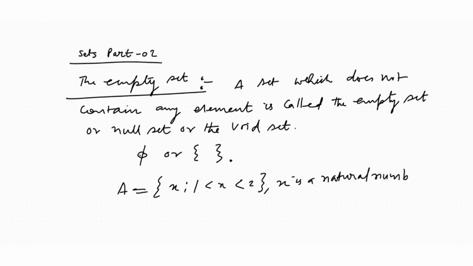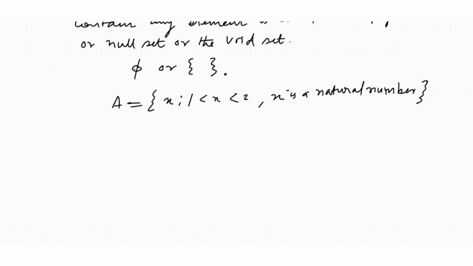Now you may note in this discussion here that between 1 and 2, a natural number does not exist. So we can clearly say A is an empty set.